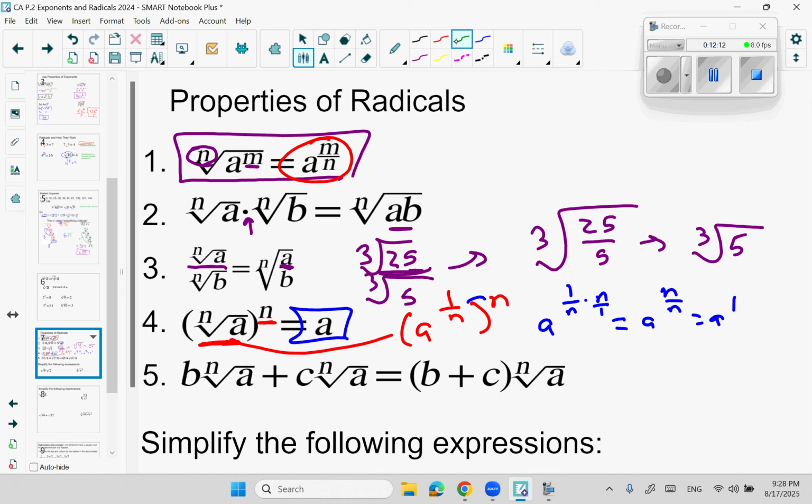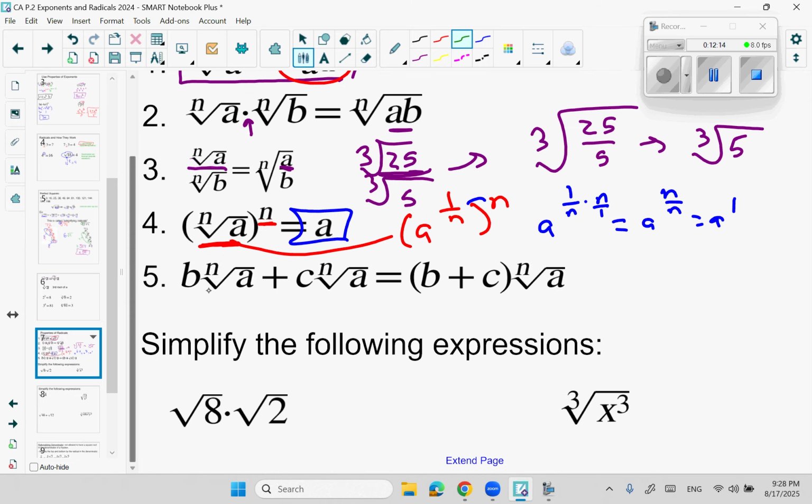So this kind of gets that identity as well. And the other last interaction that you often see is whenever you have the same radical, they can be treated as like terms when we multiply. So the 4 things you want to look out for in like terms is you want the same inside variable.